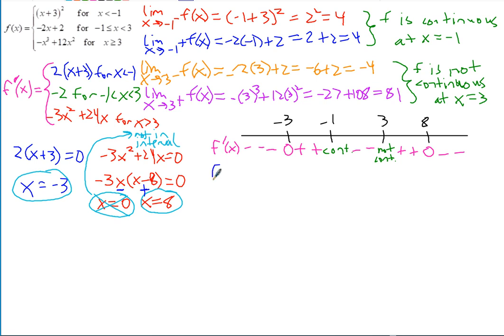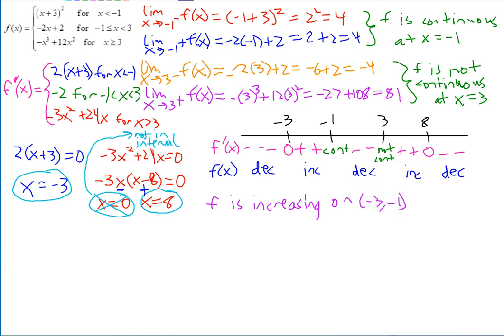So this shows us that f of x, the original function, when the derivative is negative, the slope is negative, that means it's decreasing. Positive means it's increasing. Back to negative, decreasing, positive, increasing, and negative, decreasing. So we can write down our increase and decrease intervals first. Say f is increasing on -3 to -1, and then also from 3 to 8.